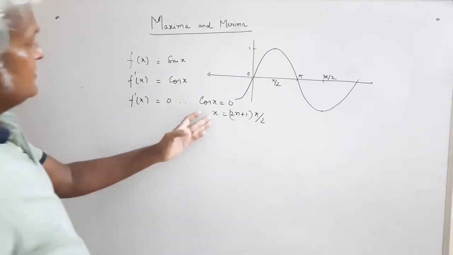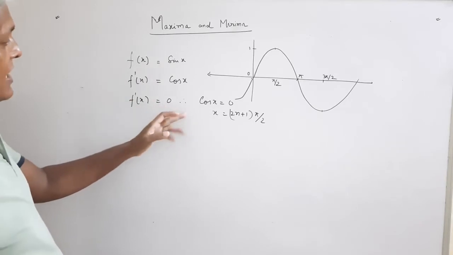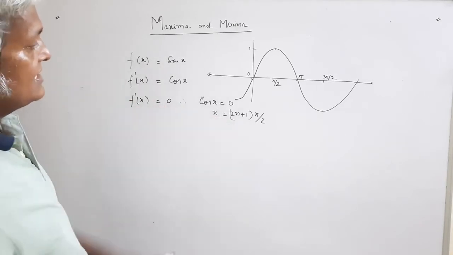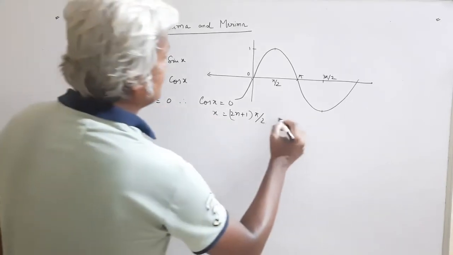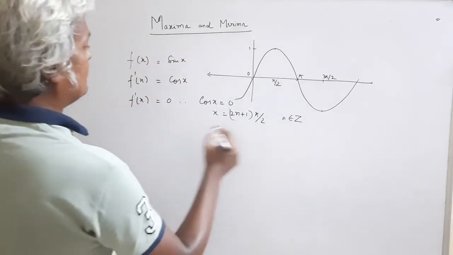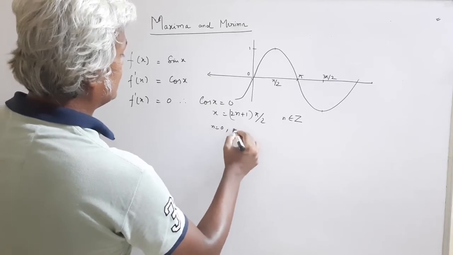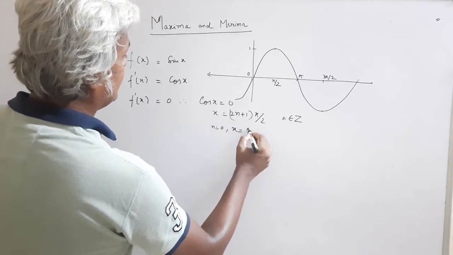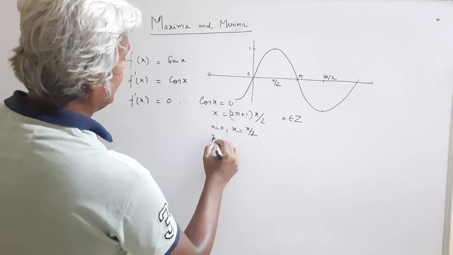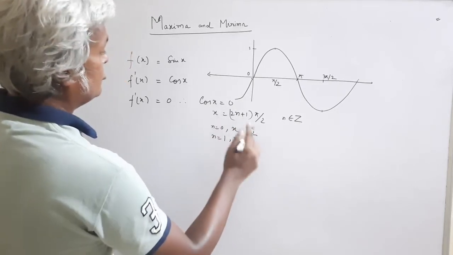Now the rule says that first we have to set f dash x equal to 0, and then solve this and find some values of x. Here n is an integer. Now I put n as 0, then I get x as pi by 2. If I take n as 1, I get x as 3 pi by 2.